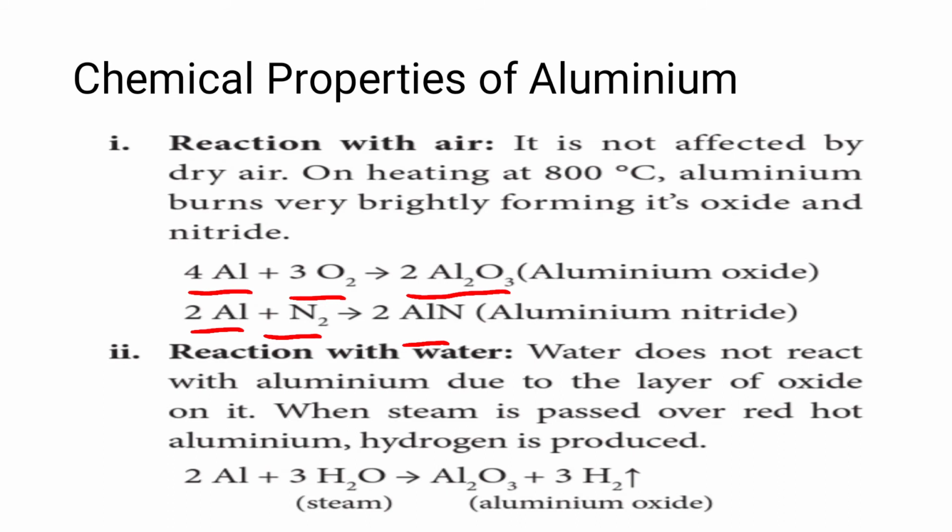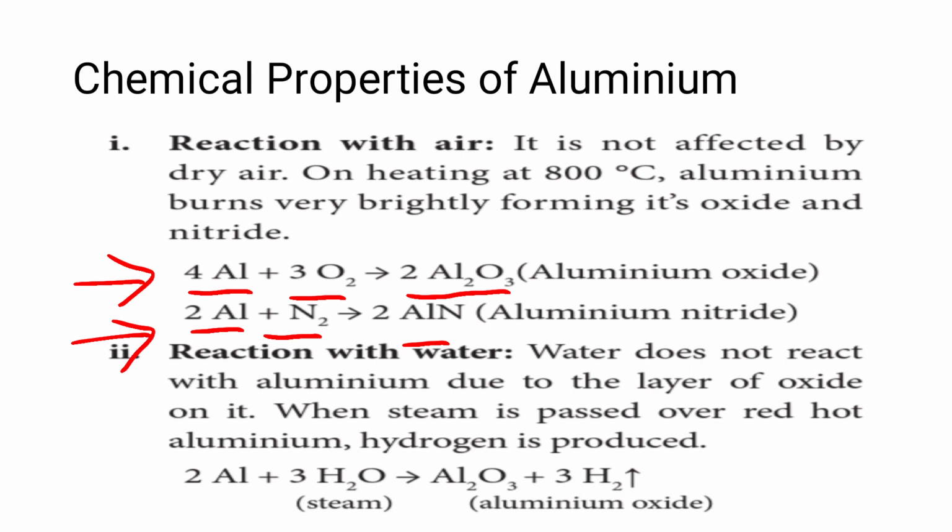There is no reaction when aluminium is treated with dry air. Only on heating to 800 degrees Celsius do these two reactions take place. Only when the air is heated to 800 degrees Celsius will you get aluminium oxide and aluminium nitride.